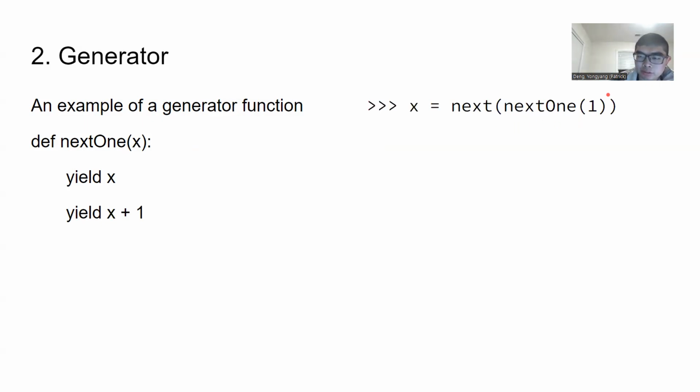So this is an iterator, and I use next. The next of the iterator will use x first. What is x? x is one. When I call next, it will look through this function and hit the first yield statement. The yield statement returns the value, but it does not stop the frame of the function.